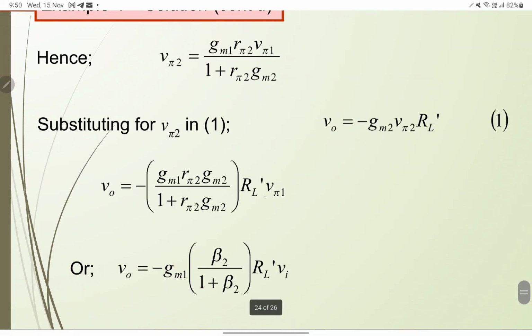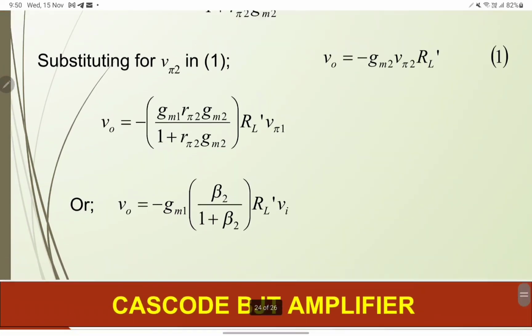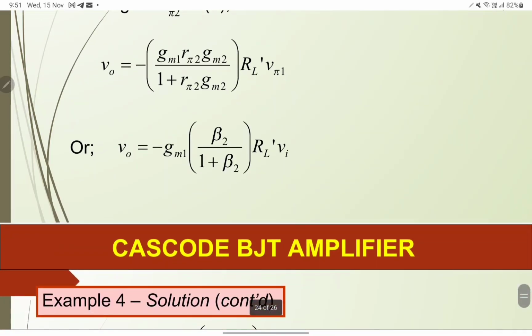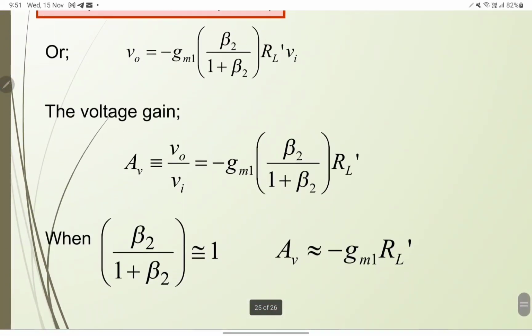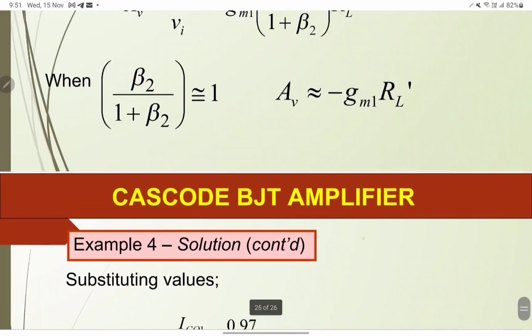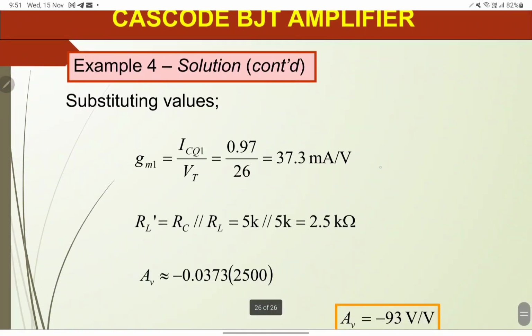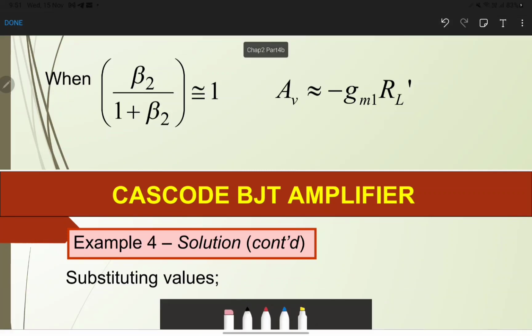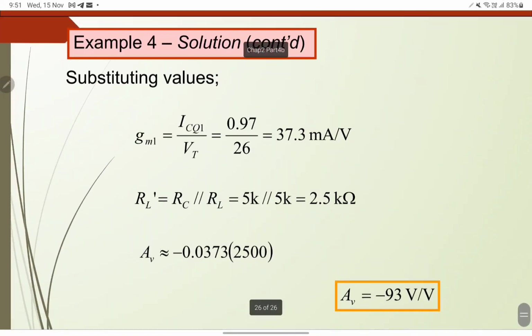Then we plug it back into our equation of V out, and we got it in terms of beta, and then we simplify where beta 2 over beta 1 plus beta 2 equal to 1. So we got the final equation for our AV equal to minus GM1 RL prime, like we had discussed on the whiteboard. So just use this equation to find our AV.